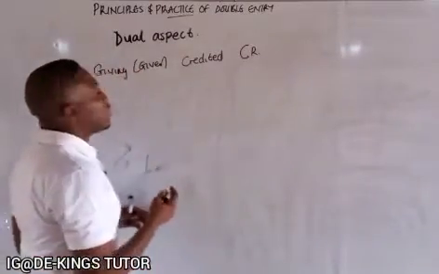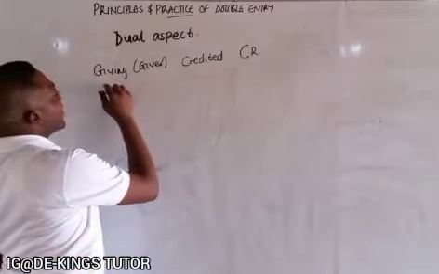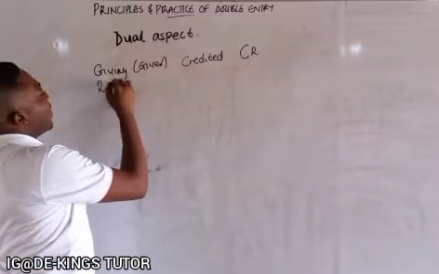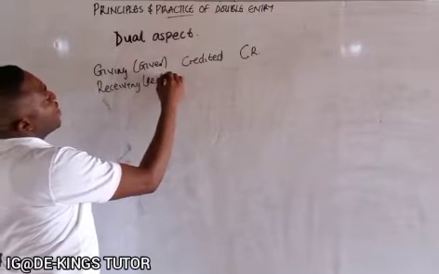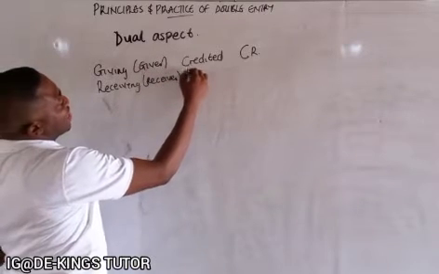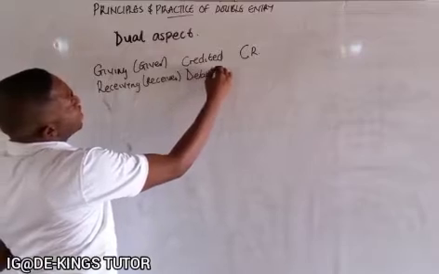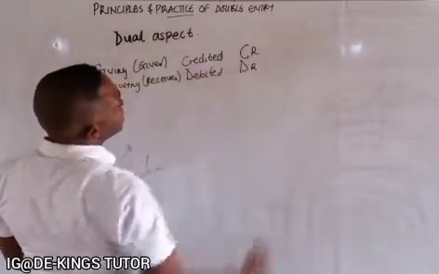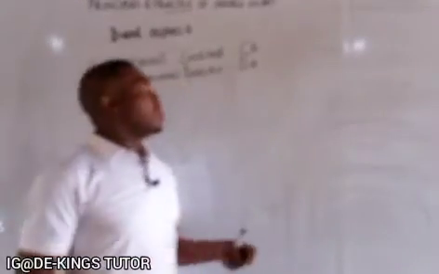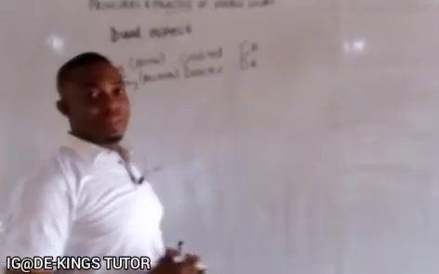Okay? While the other person that receives from the person giving is the receiver, and the account is to be debited. We call it debited. It is written in short form as DR, not doctor. This is DR, as in debited.